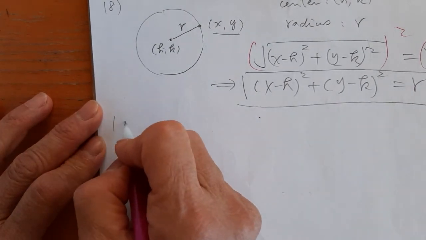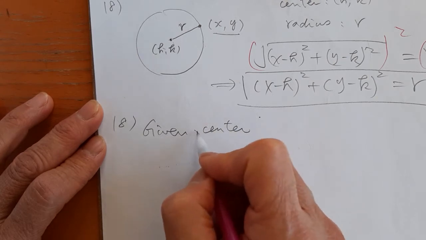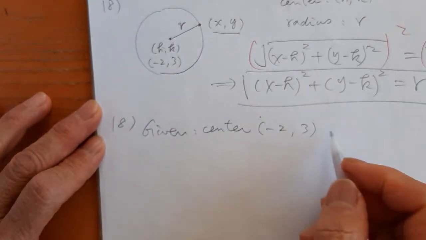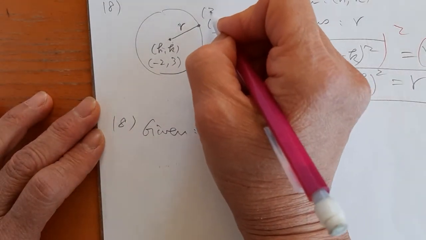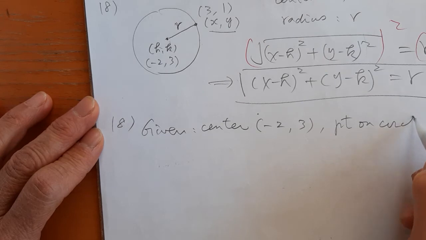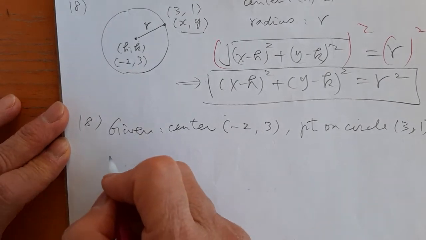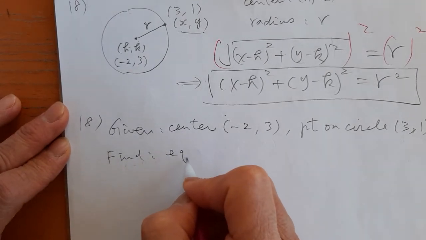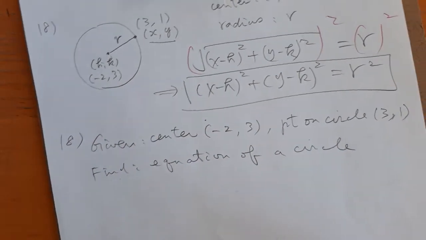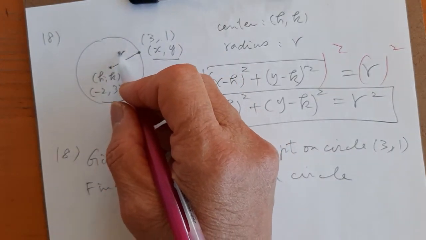So here, question 18. Given the center at (-2, 3), and a point on the circle is (3, 1). Find the equation of the circle. First of all, since the point (3, 1) is on the circle, the distance to the center is the radius.